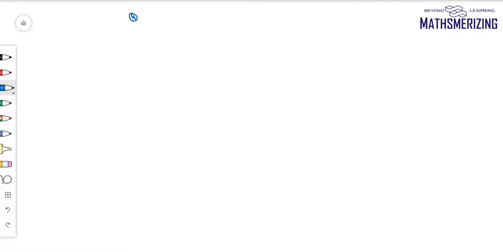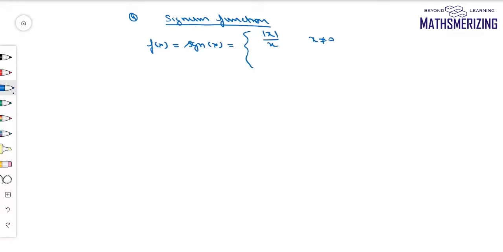Now the fourth function is the signum function. Basically the signum function is defined as sgn x. So I'll write f(x) equals sgn x, or I can express it as mod x upon x when x is unequal to 0, and this is 0 when x is equal to 0.